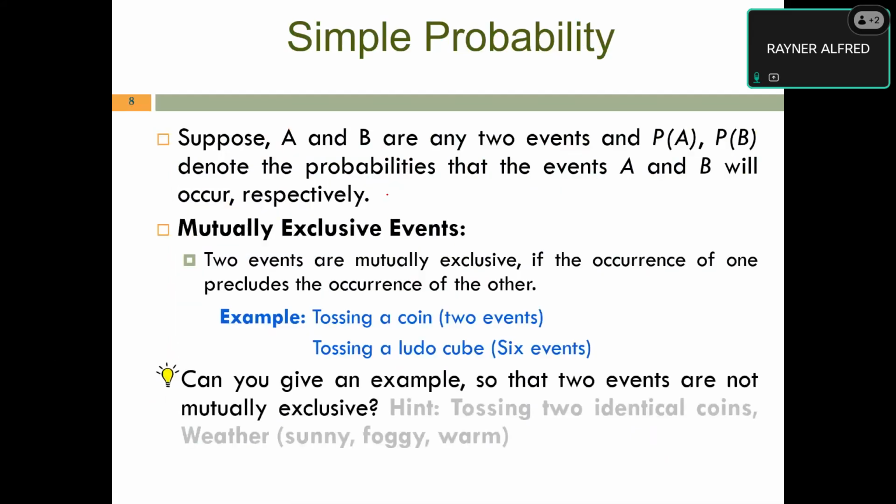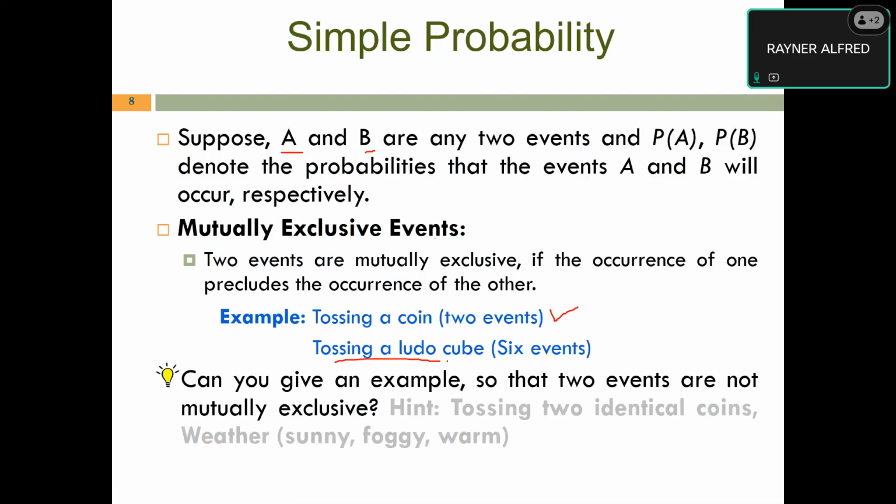We can also say that if we have two events, A and B, and they are mutually exclusive events, that means they have nothing to do with each other. The occurrence of one precludes the occurrence of the other. For example, tossing a coin has two events. You cannot have both head and tail happening at the same time.